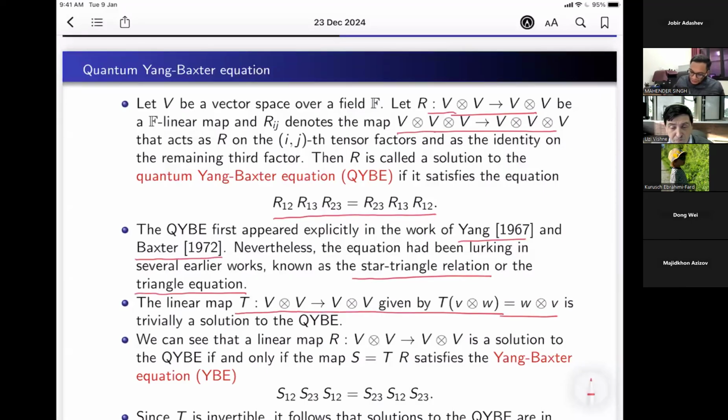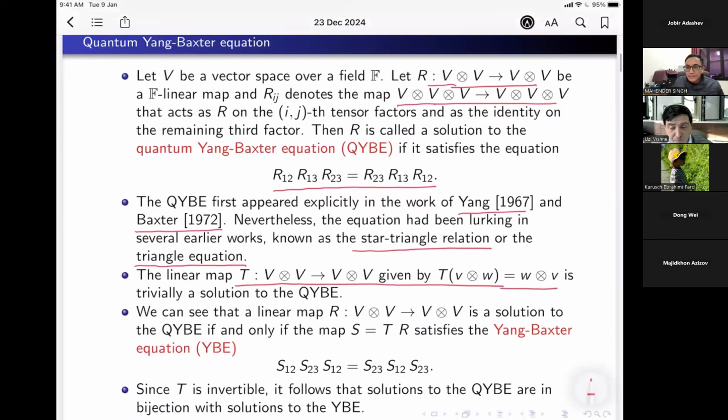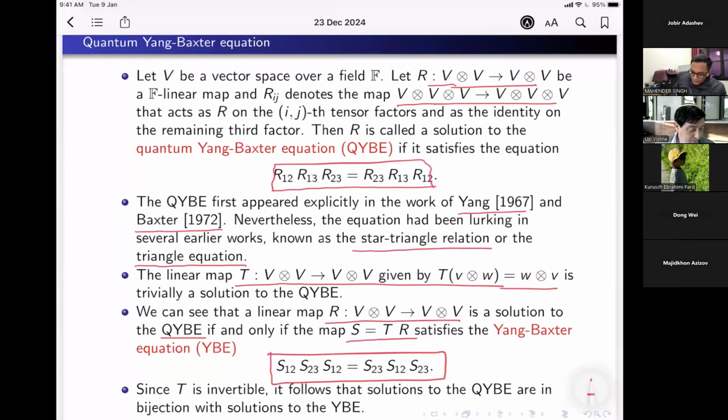Using this twisting, we transform this equation into something that a mathematician is familiar with, namely the braid equation. Look at this map. Suppose you have a linear map R from V tensor V to V tensor V. It is a solution to the quantum Yang-Baxter equation if and only if this new map S, which is R composed with T, satisfies this equation: S12 composed with S23 composed with S12 is the same as S23 composed with S12 composed with S23.